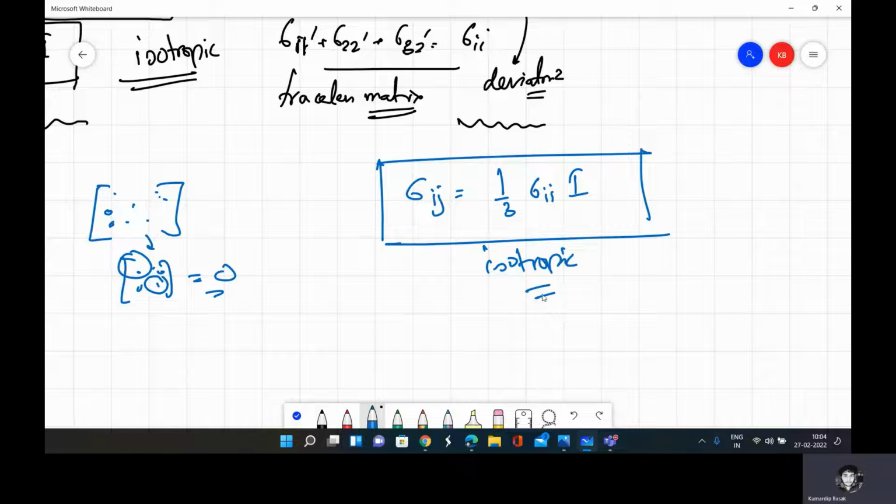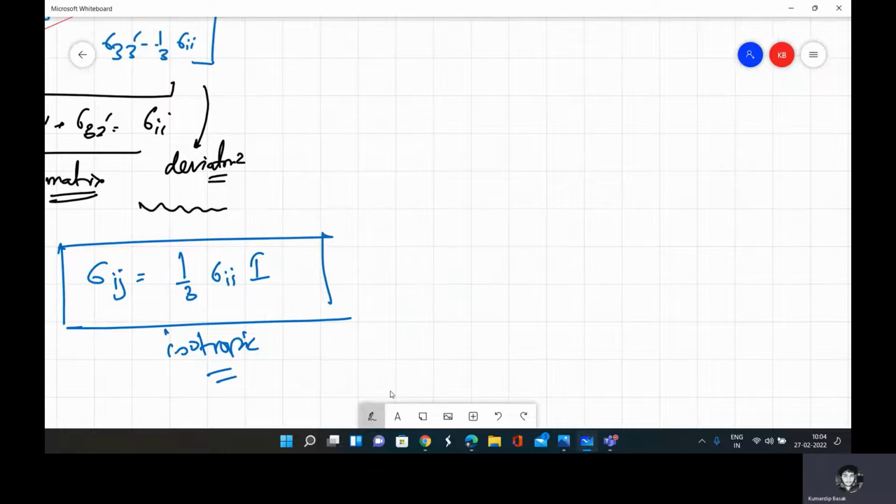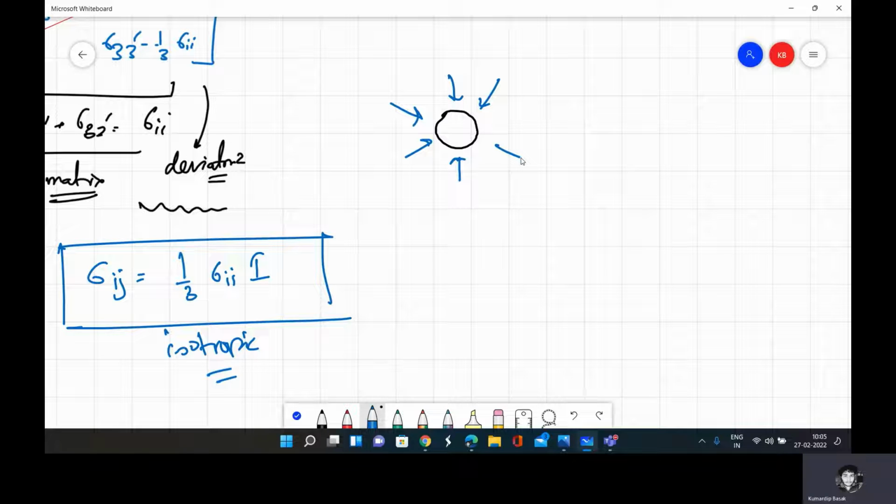This is proved. Fine. Now, you can also understand this from the physical perspective. If this is the fluid element and the forces are acting equally from every direction like this, this is nothing but the pressure forces acting on the fluid element.